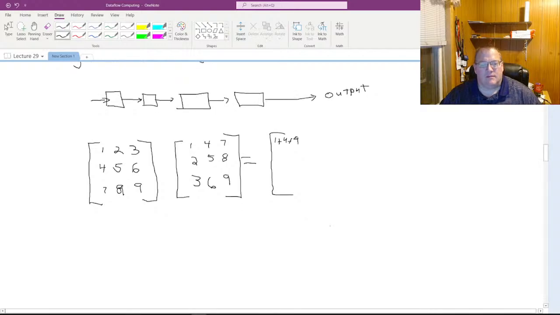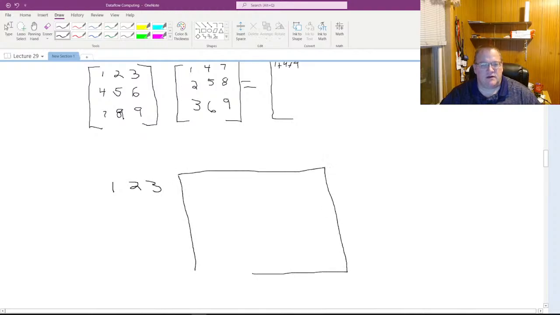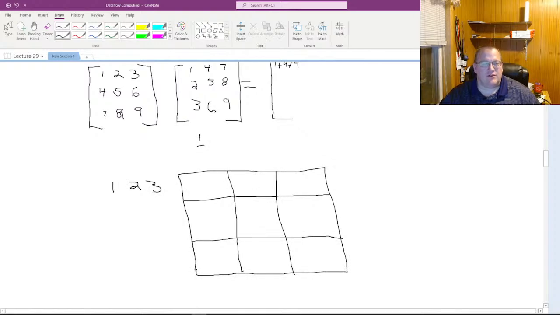Okay, but instead, let's create this 1, 2, 3. And I'm just going to do this. So I'm going to create this grid here. All right, and then I'm going to do this 1, 2, 3 here.